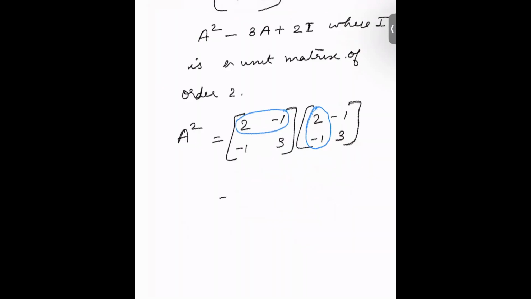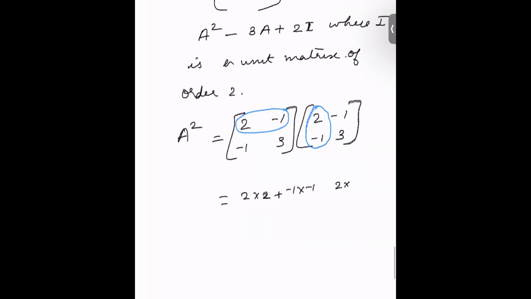Ma'am, so it's going to be 2 into 2 plus minus 1 into minus 1. Yes. Then on the right side, 2 into minus 1 plus minus 1 into 3. Yes. Okay. Then down, minus 1 into 2, then plus 3 into minus 1.